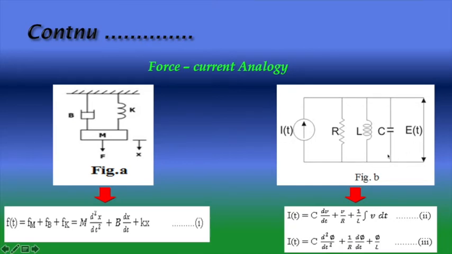So IT equal to C dV by dt plus V by R plus 1 by L integration of V dt. Here voltage equals d phi by dt, the rate of change of flux. Then we get this equation.